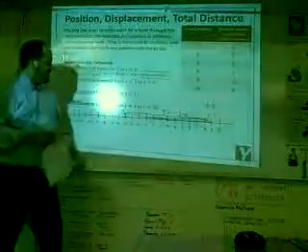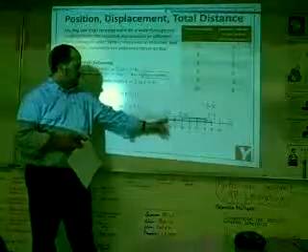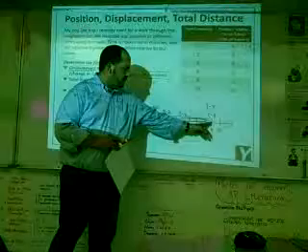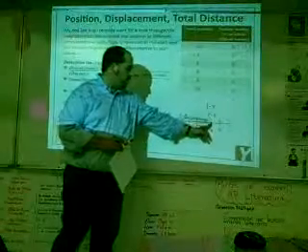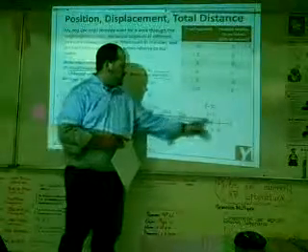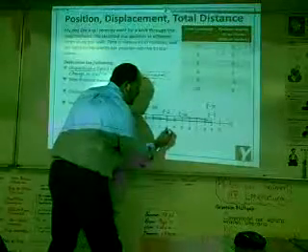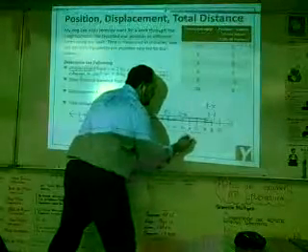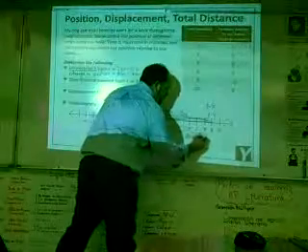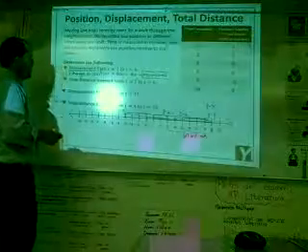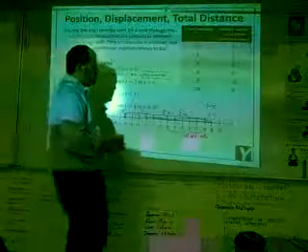And so starting at 2 minutes, we're at the 300 meter mark, we're walking forward until we reach the 4 minute mark. Between 2 minutes and 4 minutes, my displacement between those two times is going to be 600 meters. That's not what the question's asking. They want to know what was my total distance traveled from 2 to 6.